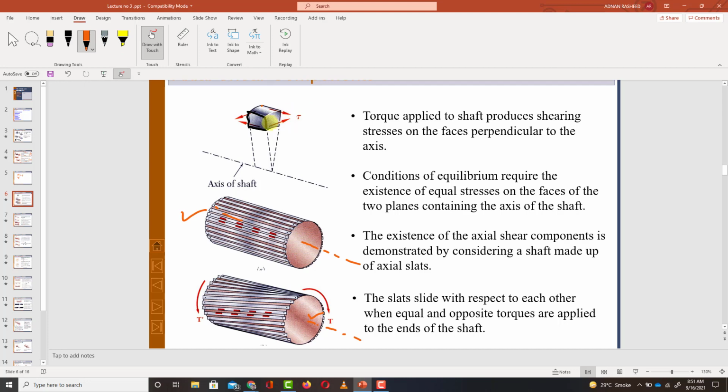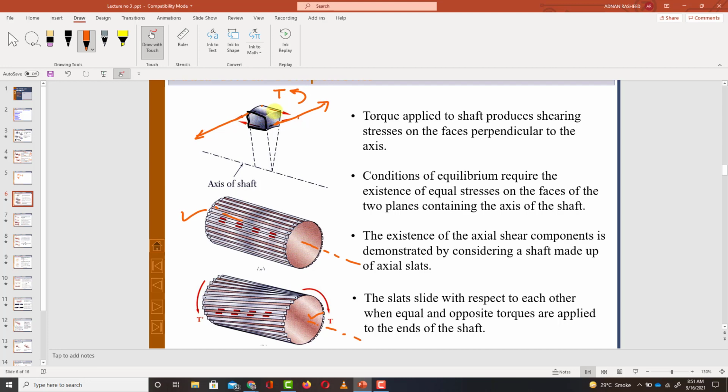The reason is that we have seen that faces perpendicular to the axis experience shear stress, and similarly these faces will experience shear stress. Due to this, a torque or couple is produced. Clear? That couple will be in the counterclockwise direction.